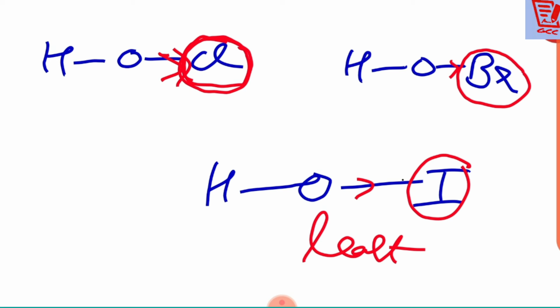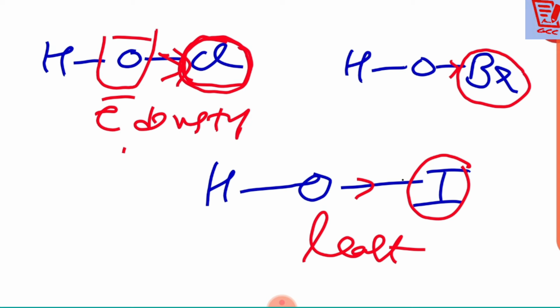Because when the pair is going towards Cl, the electron density on the oxygen will decrease, and due to that this OH bond becomes weak. Once again I am repeating, from HOCl, HOBr and HOI, HOCl has the maximum acidic strength.